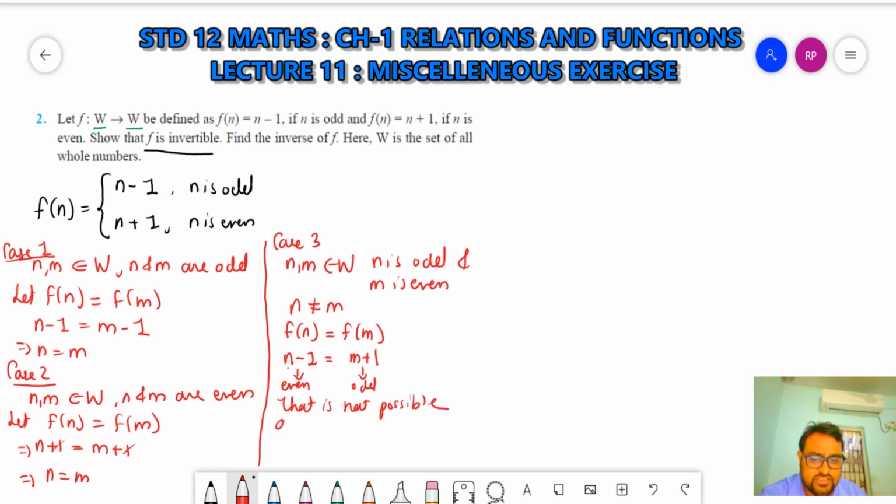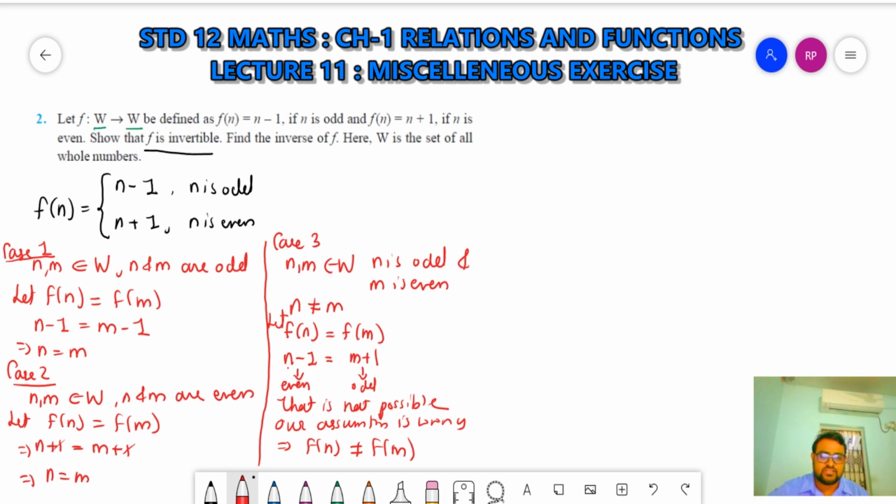So our assumption is wrong. What did we assume? We assumed f(n) equals f(m). That implies f(n) is not equal to f(m). So if f(n) is equal to f(m), we proved that in both the cases n is equal to m. And if n is not equal to m, that means definitely f(n) will not be equal to f(m).